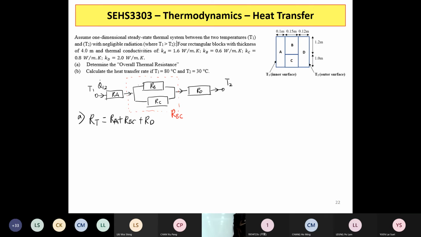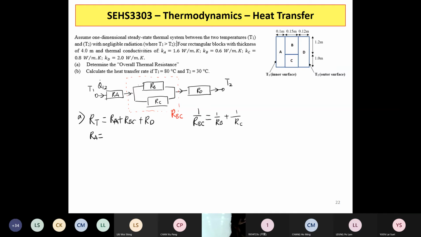So we need to calculate RA and RBC and RD. Here, RBC, remember the relationship? The relationship in parallel. So now we need to calculate RA, RB, RC, and RD.